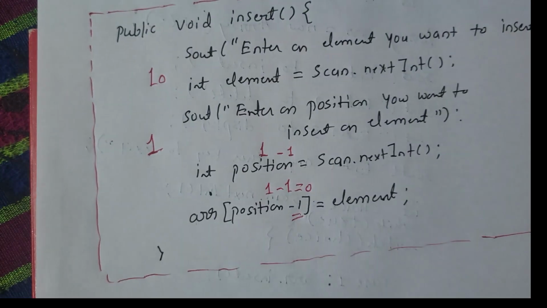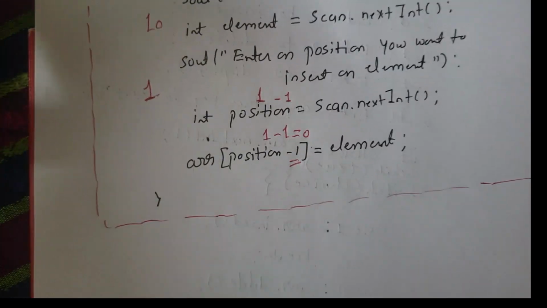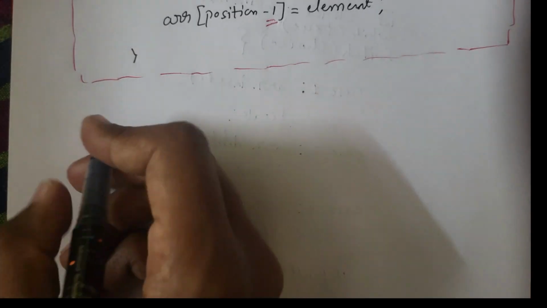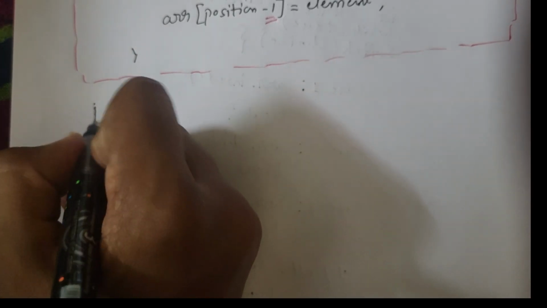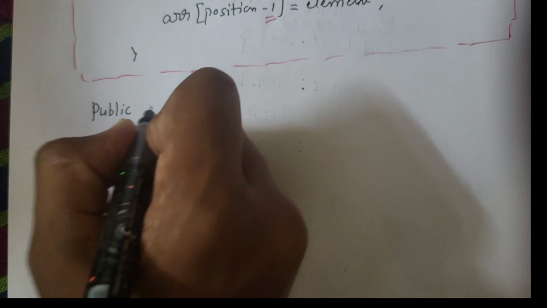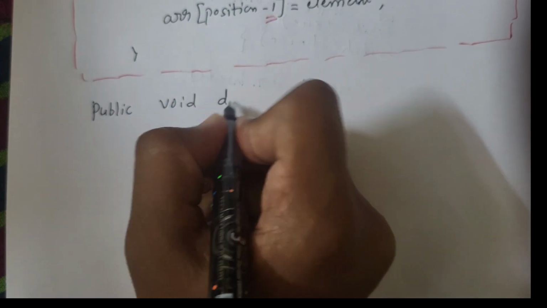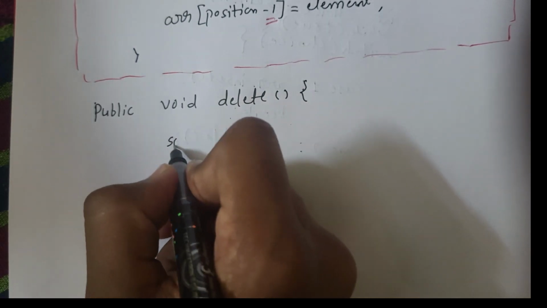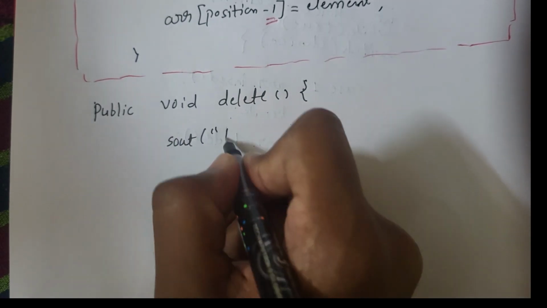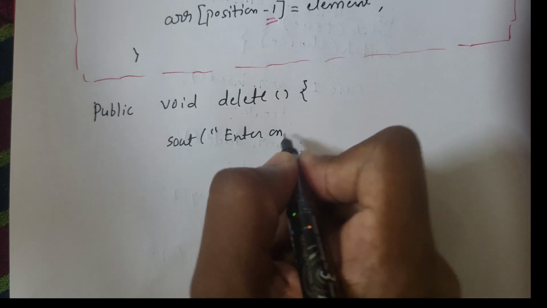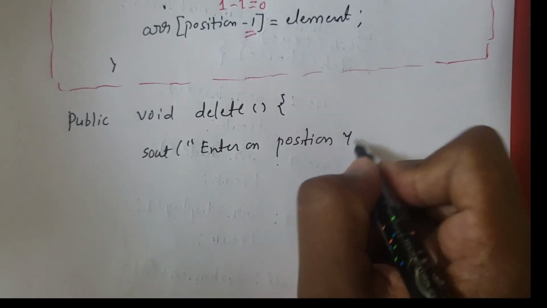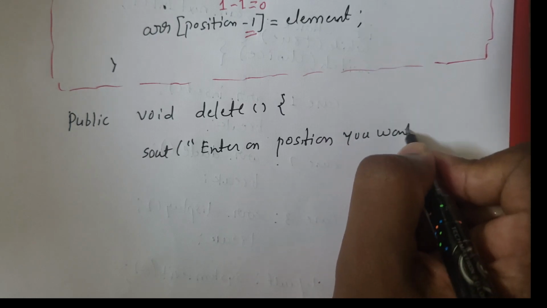Now we have implemented the insertion logic. Now we have to implement the deletion logic, right? For deletion also I will write one method, public void delete. We will ask the user to enter the position in which he wants to delete an element.